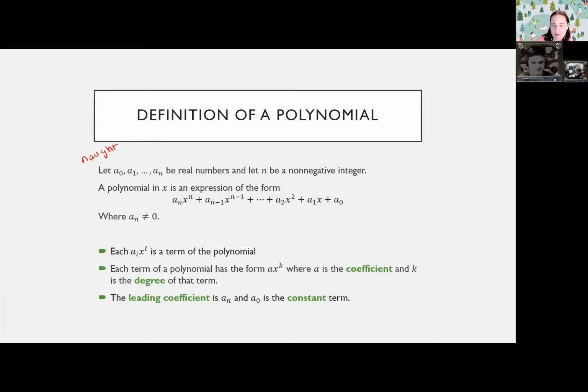So it's a naught, and then we've got a1 and so on until an. And these are real numbers, so just regular numbers. And n is a non-negative integer, basically a whole number.